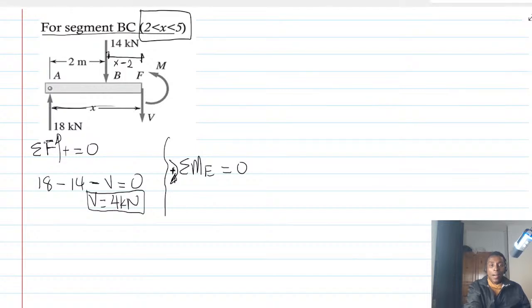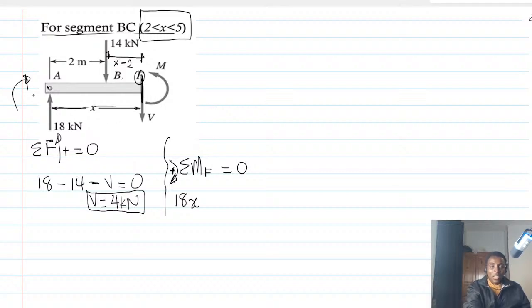So with this one, the 18, we are going to take moment about F. So F is like that portion here. All right. So it's going to be 18x. But is it clockwise or anti-clockwise? It's clockwise, because this 18 kilonewton will move it that way.